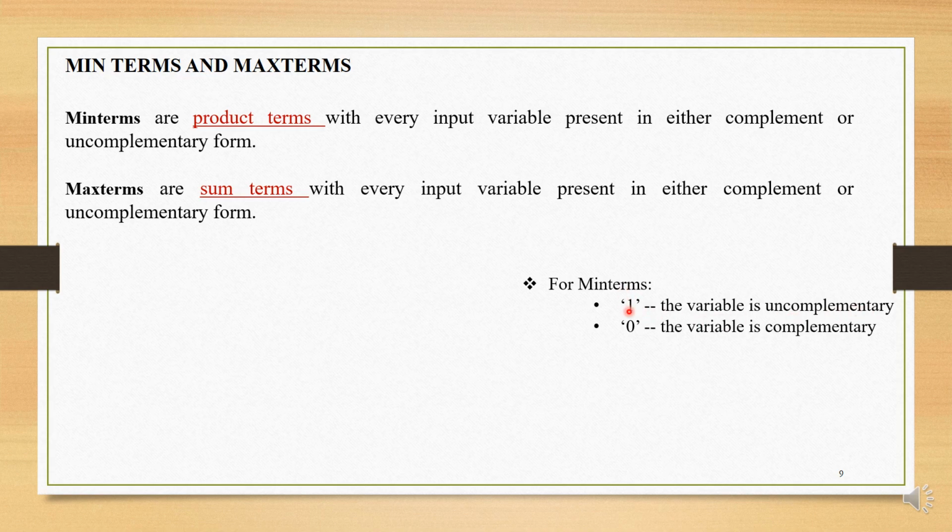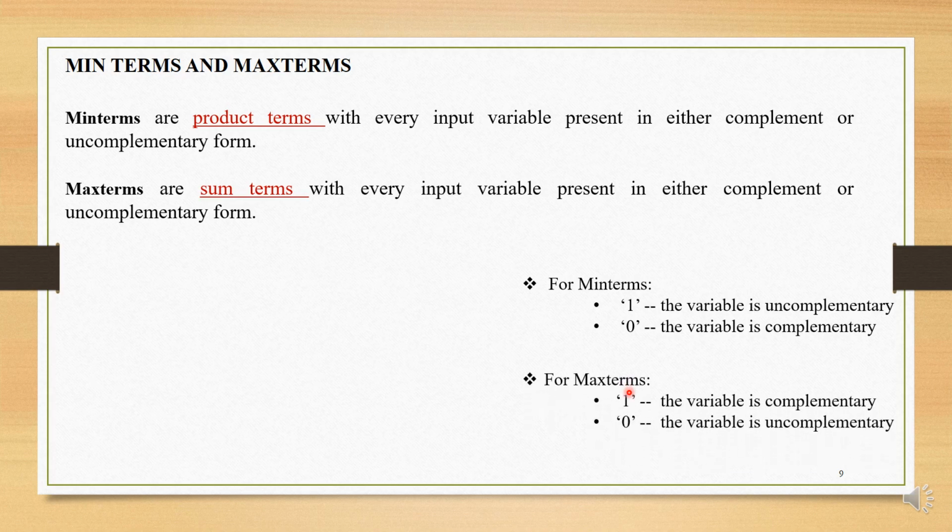For a minterm, 1 will be considered as a variable in uncomplementary form, and 0 will be considered as a variable in complementary form. Suppose we have the variable x, 1 will be considered as x, and 0 will be considered as x bar representation.